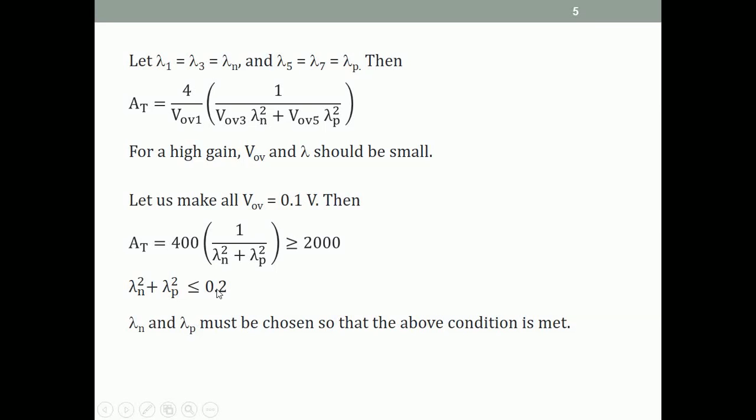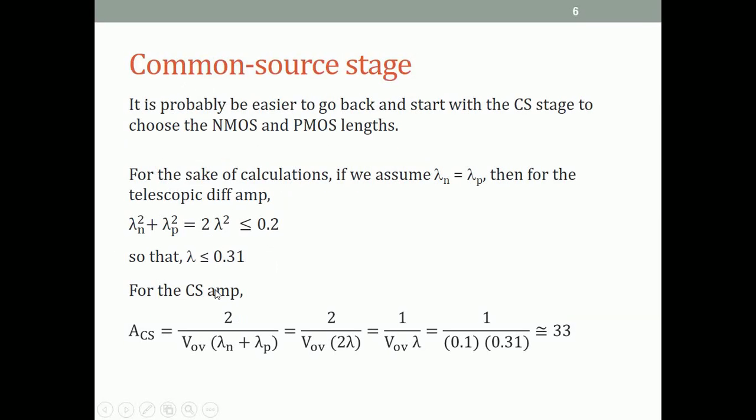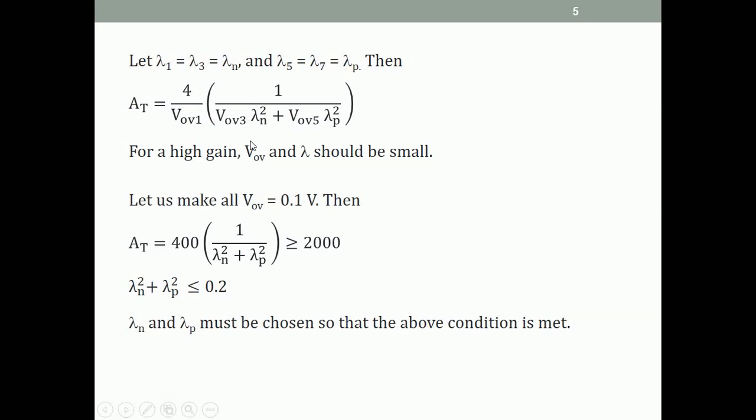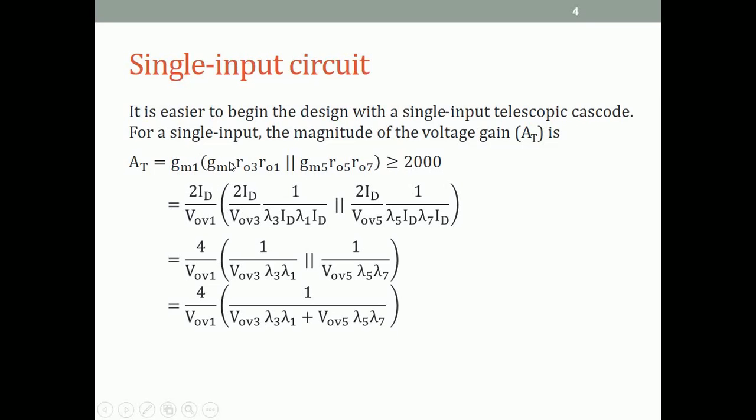Now I was doing this, and I thought that this is even simpler to do if we start with the common source stage, which is a single PMOS, single NMOS rather than two PMOS, two NMOS. Remember that the gain, so let's go back here. So this is GMRO squared. The gain of a common source is GMRO.